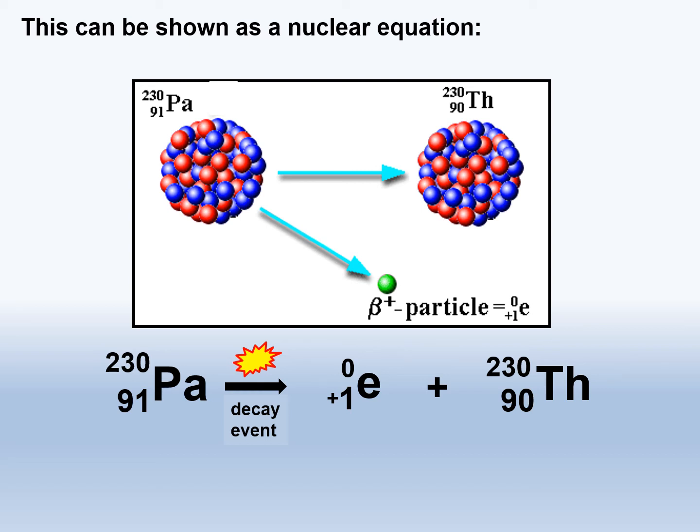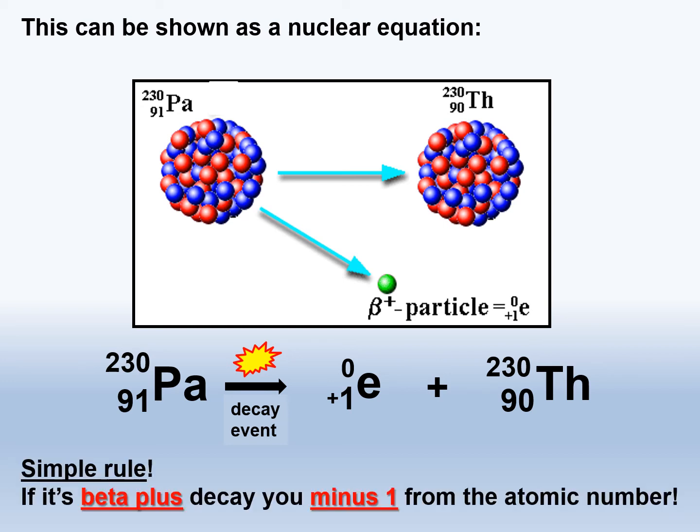So that beta plus particle was emitted as a proton in that palladium parent nucleus turned into a neutron. Be very clear on that one. In beta plus decay, again, proton turned into a neutron, so therefore the atomic number has gone down by 1. That's a dead simple rule there for you as well. Again, if it's beta plus decay, you minus 1 from the atomic number.